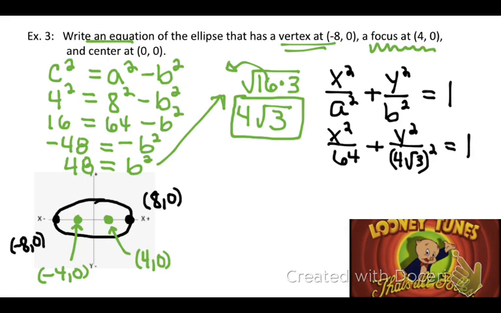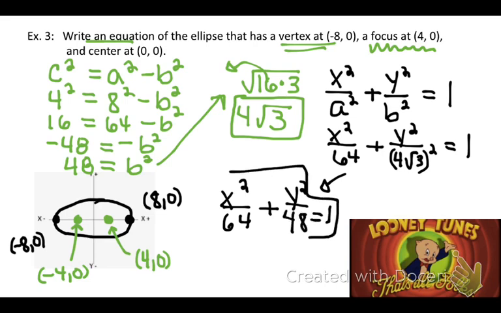And then we say 4 squared is 16. The exponent is going to cancel out the radical. So our equation turns out to be x squared over 64 plus y squared over 48 equals 1.